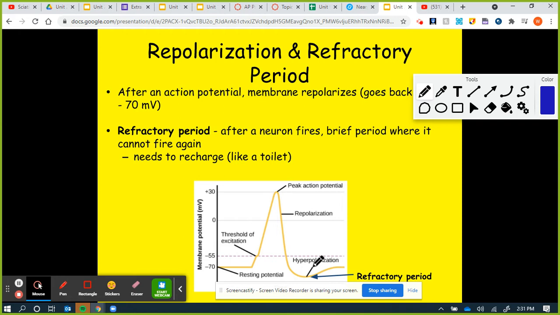It's like a toilet. Once you flush it, you got to wait for it to refill, and then you can use it again. We also referred to the refractory period when we talked about sexual motivation and the male sexual response cycle. All right, questions there?